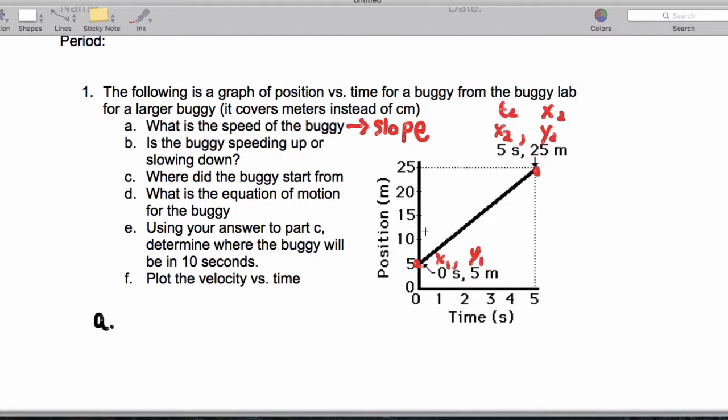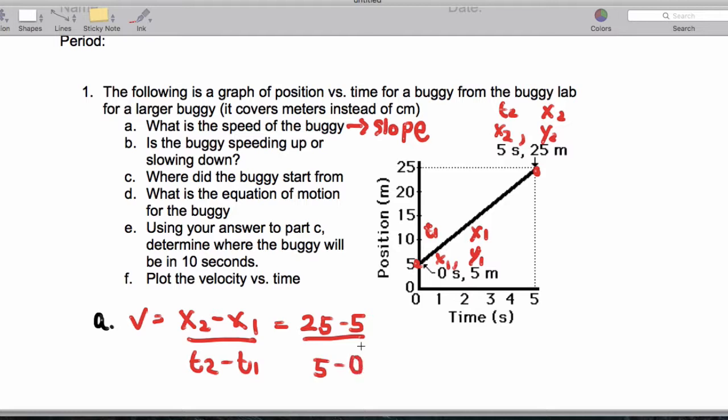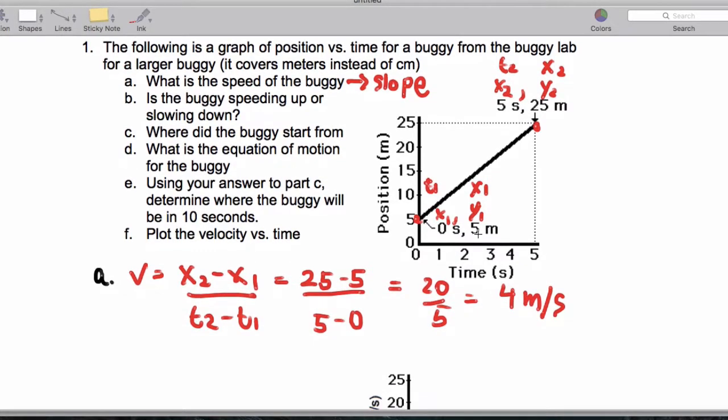I prefer those letters, and that's actually what I'm going to use when I calculate the slope. So the v is going to be the slope, which is the rise over the run. And that's going to be 25 minus 5 over 5 minus 0, which is going to be 20 over 5, which ends up being 4 meters per second when we get that slope.